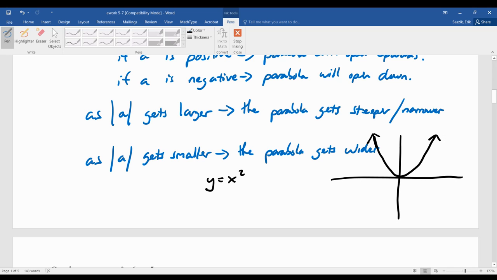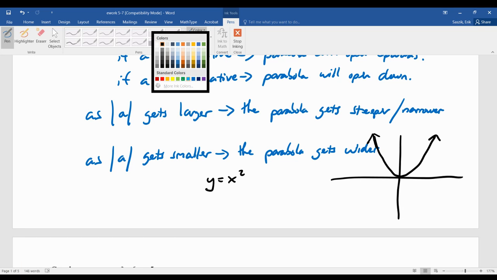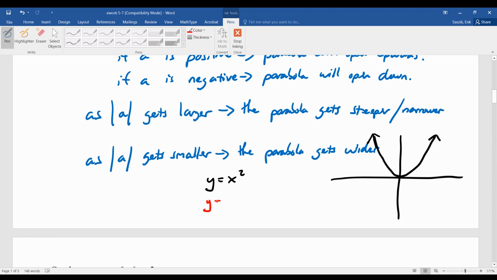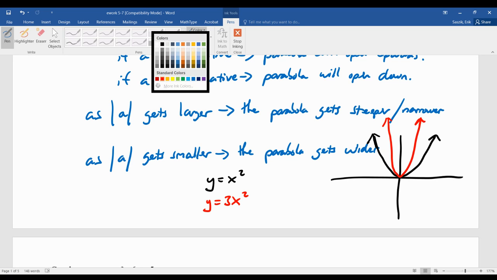So that has an a value of invisible 1. Now, I'm just doing some rough sketches here, folks. Let's say we had y equals 3x squared. So you see here the a value is getting larger. That means your parabola is going to get steeper. It's going to be something like this. Okay?